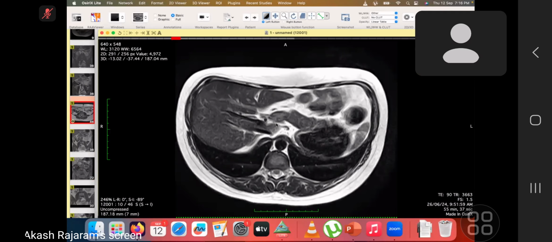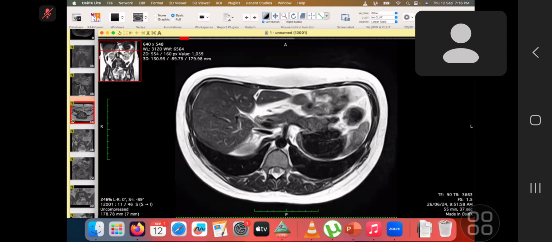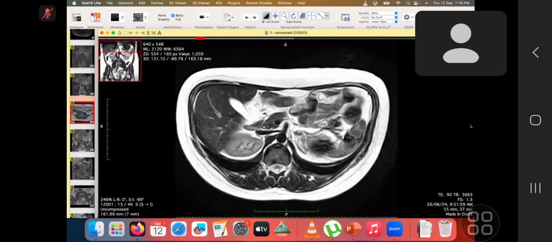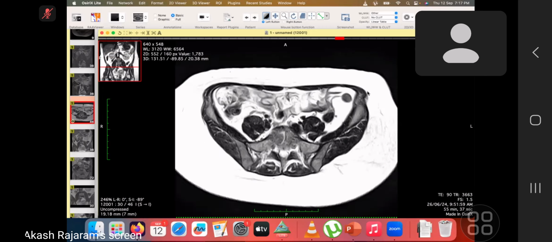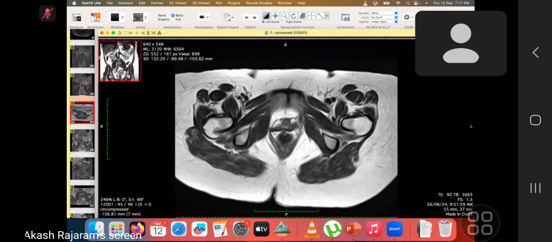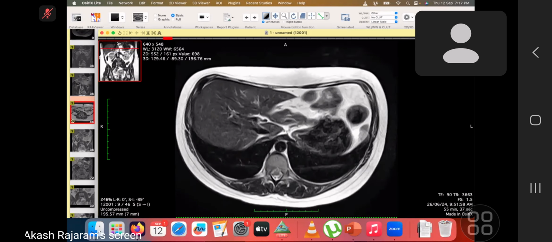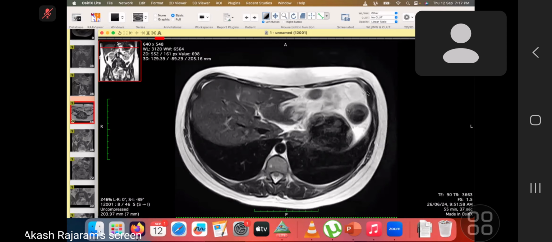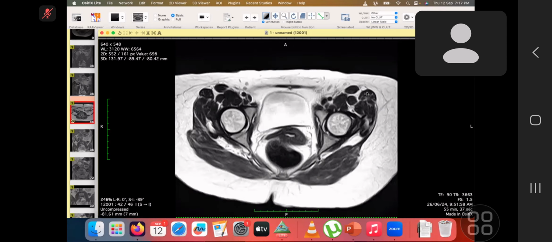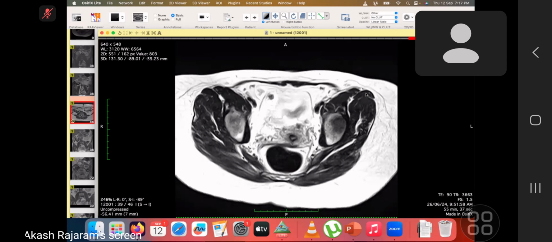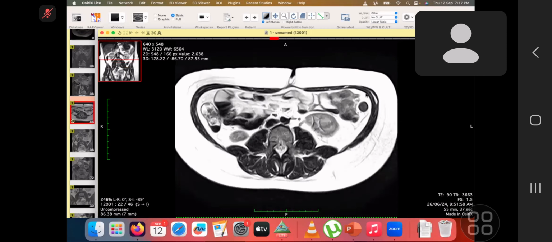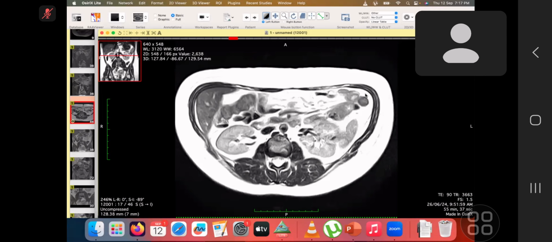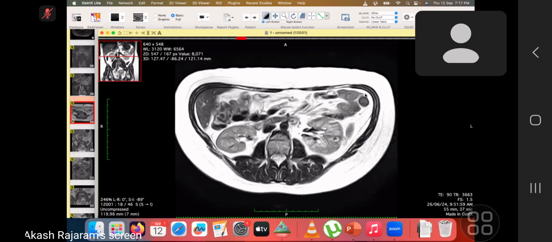Okay. So I'm reviewing MRI, T2 weighted images, axial sections. Taking a moment to look through the image. In the first instance, I don't see any ascites.